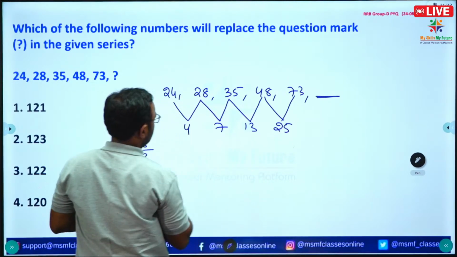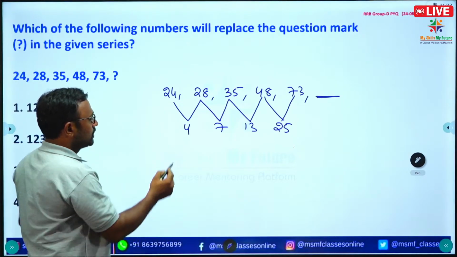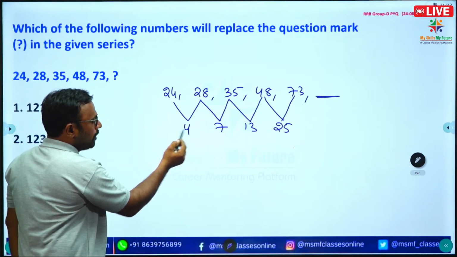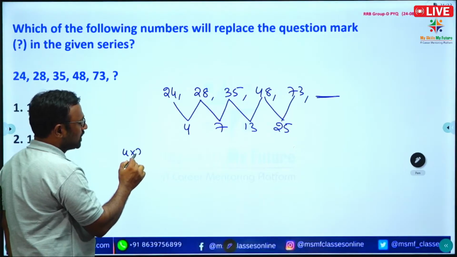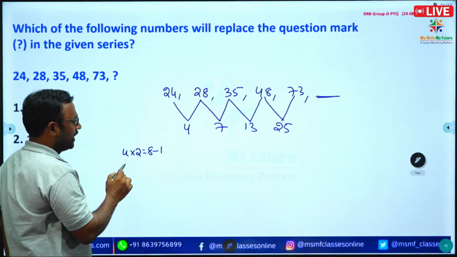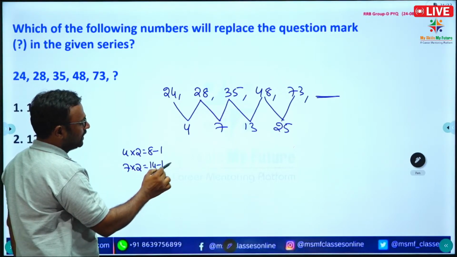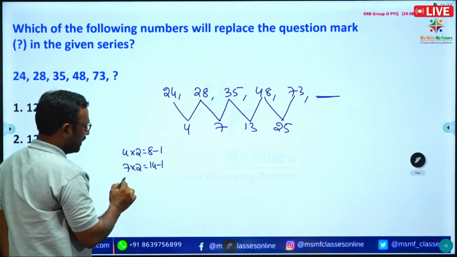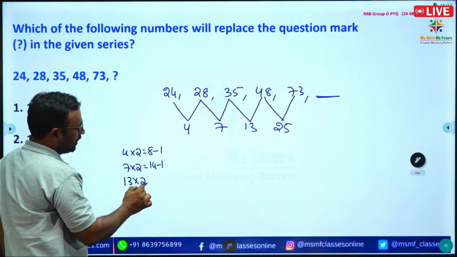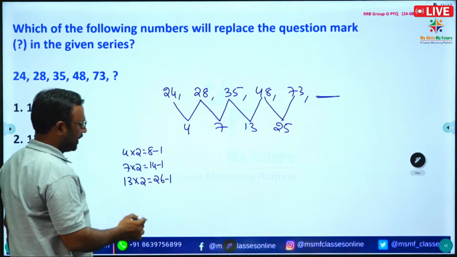See here, if you observe the distances carefully: 4 twos are 8 minus 1, they gave 7. Next, 7 twos are 14 minus 1, they wrote 13. 13 twos are 26 minus 1, they took 25.